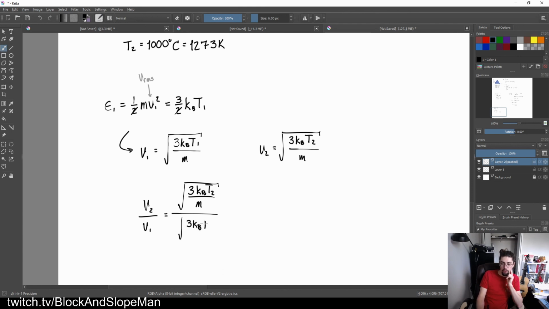I'm going through all the steps here, but if you saw this earlier, you could jump through a few of these and skip a lot of it pretty early on. 3 kB, that's all going to cancel out. What I'm really left with, this factor, is the square root of T2 over T1. If we plug in the numbers as we've got them, 2.121. That's our final answer.